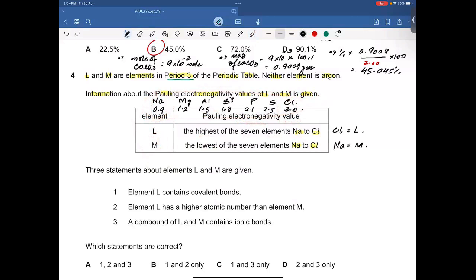All right. 3 statements about element L and M are given. Element L contains covalent bonds. That's right, because element L is chlorine, and chlorine always exists in diatomic state. If it exists in diatomic state, obviously it exhibits covalent bonding. So first statement from my perspective is right.